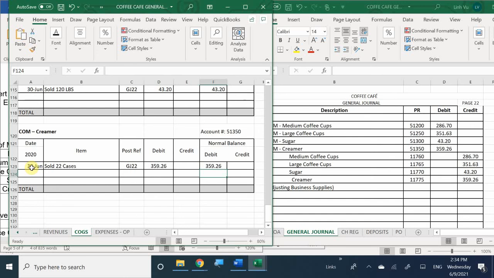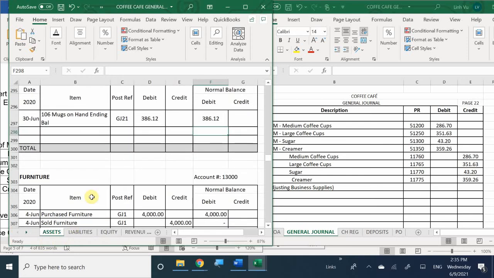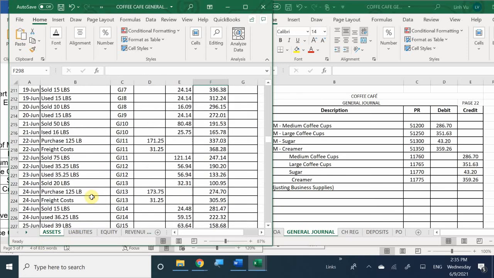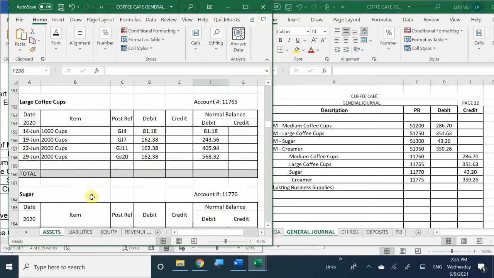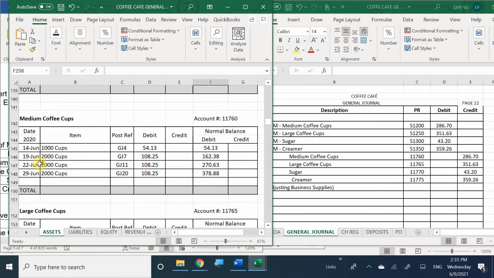Then we go over to medium coffee cups, 630. Hold on, let me find it. Medium coffee cups. Perfect. Now let me explain this part. In my medium coffee cups right now, I made a purchase of 1,000, a purchase of 2,000, 2,000, 2,000.